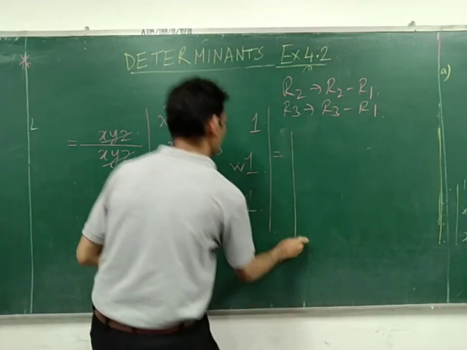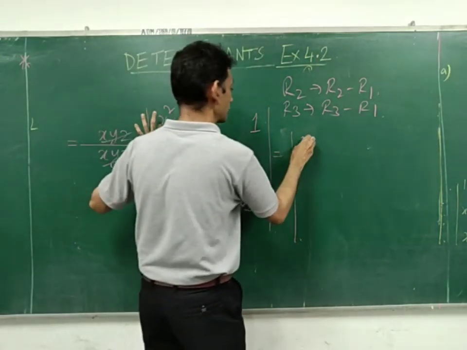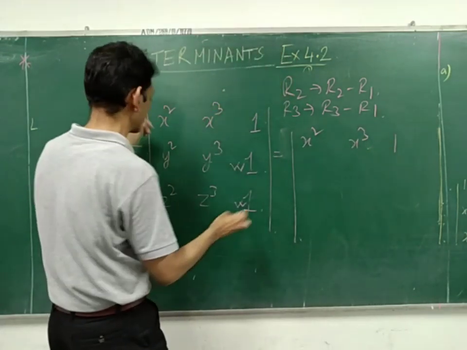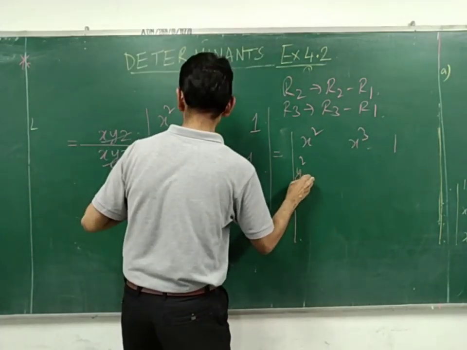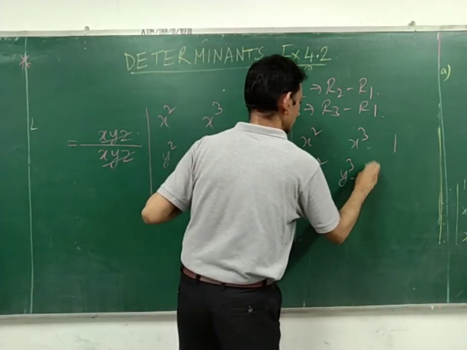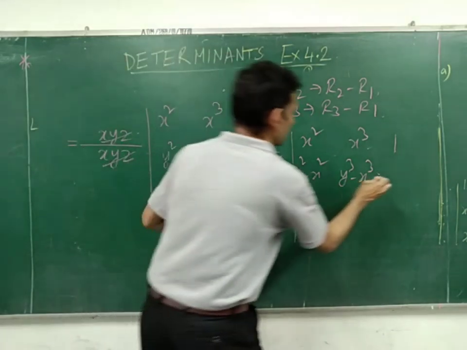If we subtract, there is no change in the first row. This is x squared, x cubed, 1. If you subtract, y squared minus x squared, then y cubed minus x cubed. 1 minus 1 will be 0.